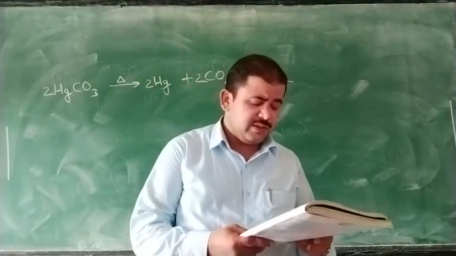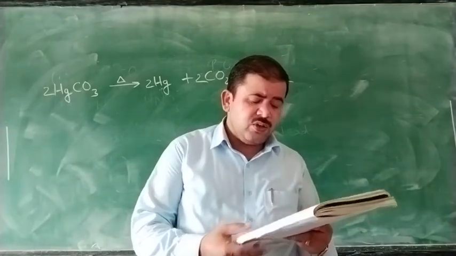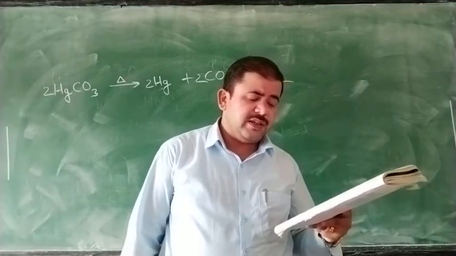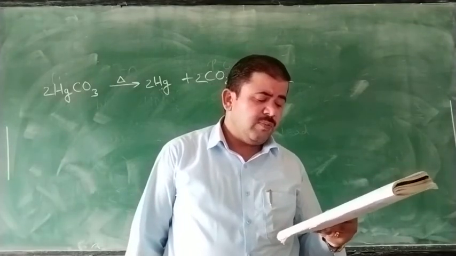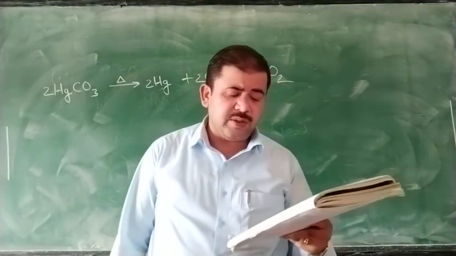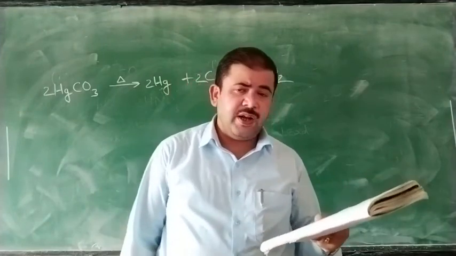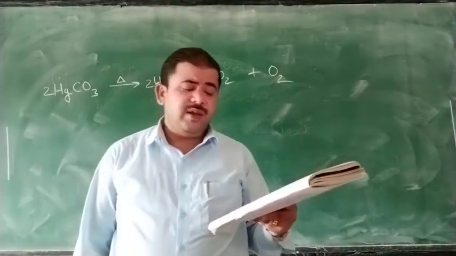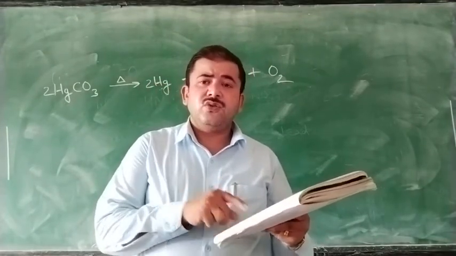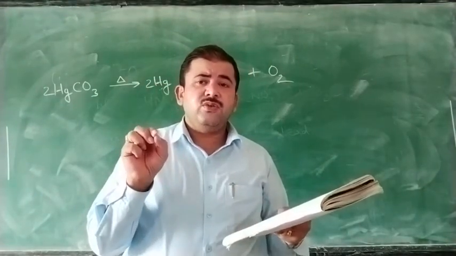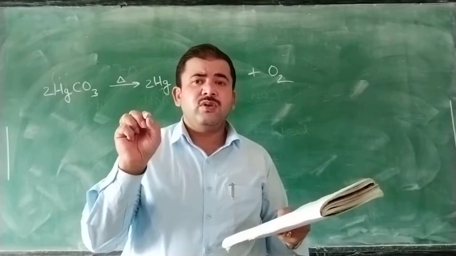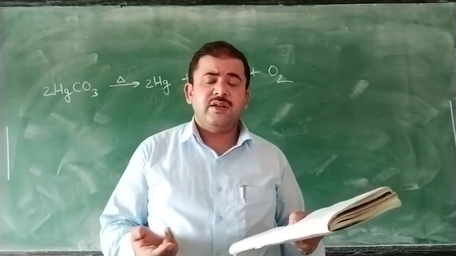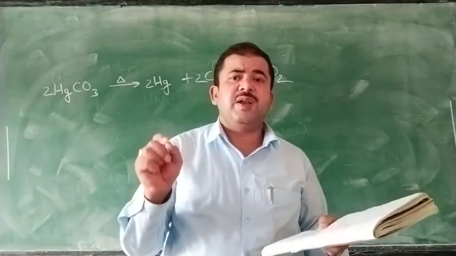Question number 6. Name the solid residual product formed in each reaction and state its color during thermal decomposition of the following substance. So here first, copper nitrate, blue in color, and if we heat the copper nitrate, we get the residue, that is CuO, copper second oxide or cupric oxide, and this cupric oxide color is black.